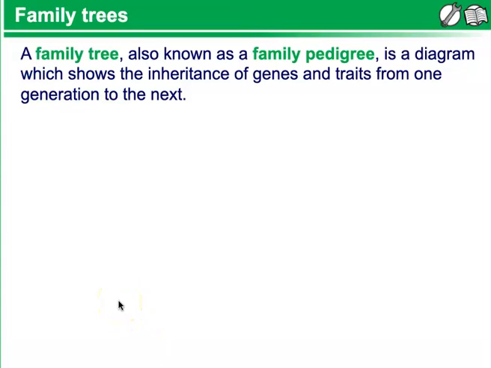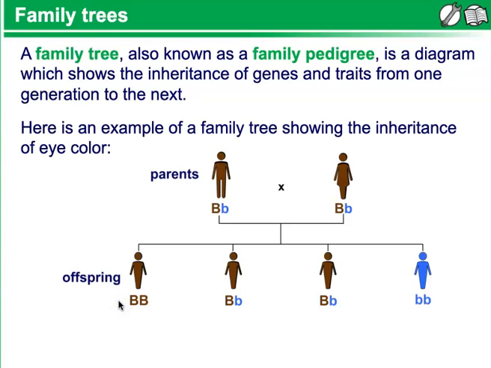Family trees. A family tree, also known as a family pedigree, is a diagram which shows the inheritance of genes and traits from one generation to the next. Here is an example of a family tree showing the inheritance of eye color. Both parents are heterozygous for eye color.